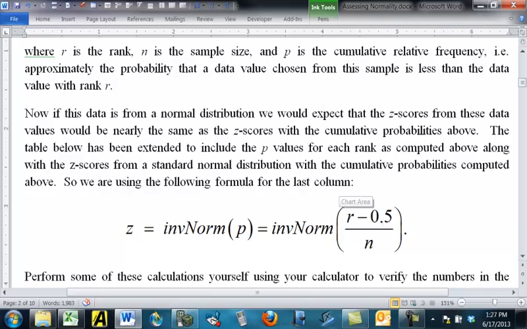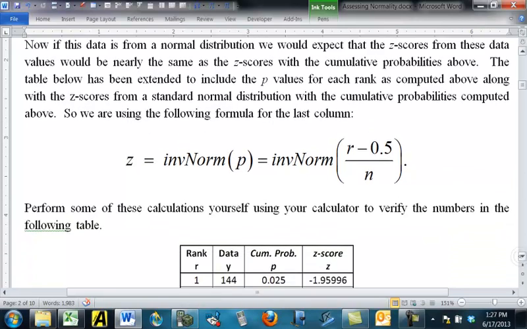Of course, p was (r - 0.5)/n. So we're going to use this formula, inverse norm of (r - 0.5)/n. Now this would be the z-value from something with that probability if it were from a normal distribution. Okay, so that cumulative probability.